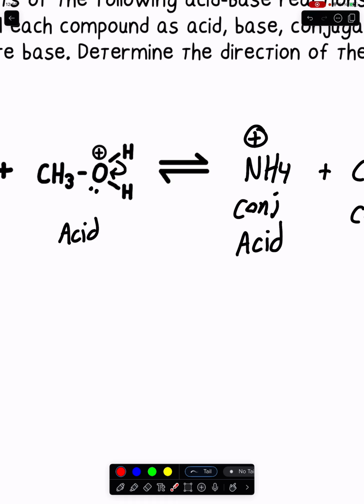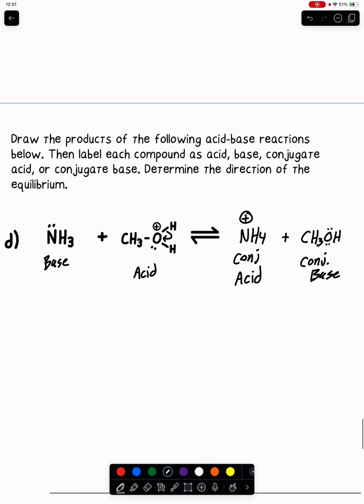So in this case, oxygen is handling this positive charge worse than nitrogen is. So this thing is more stable with that positive charge. That means the direction of this equilibrium is going to go towards the protonated ammonium ion there because it handles that positive charge better.